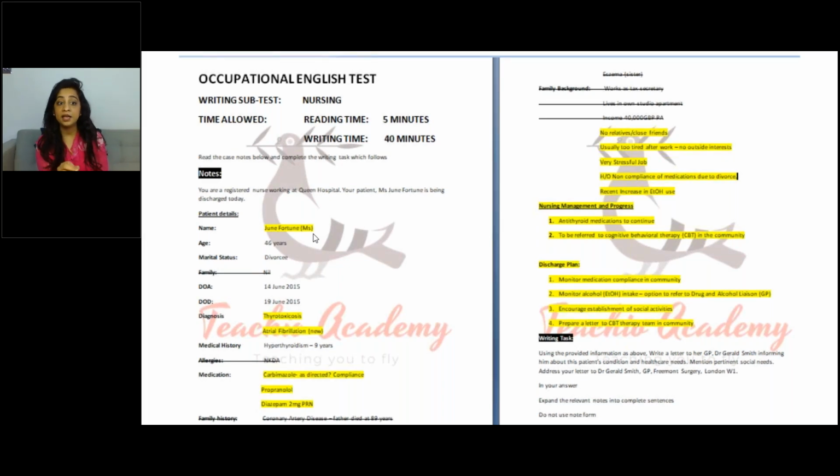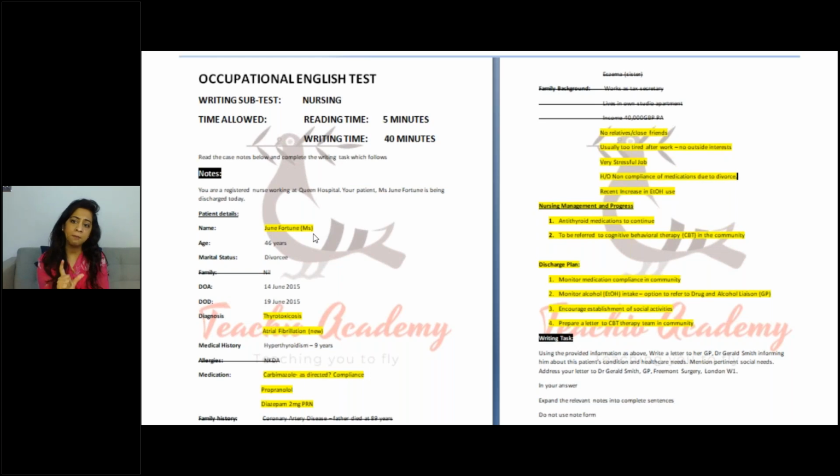I haven't really highlighted the age and the marital status because I am not really sure whether I would include that or not, but I've definitely cut out the fact that the family details aren't specified. So I've cut that out because I know that's not important. Then I've also cut down the allergies because that's something the GP would already know. So I've cut it out.